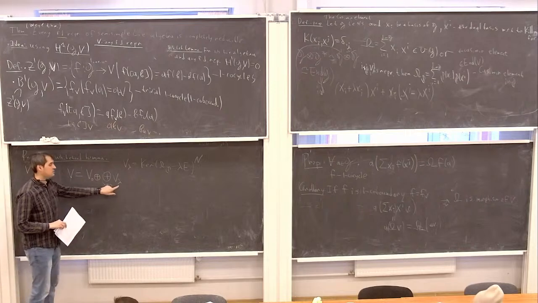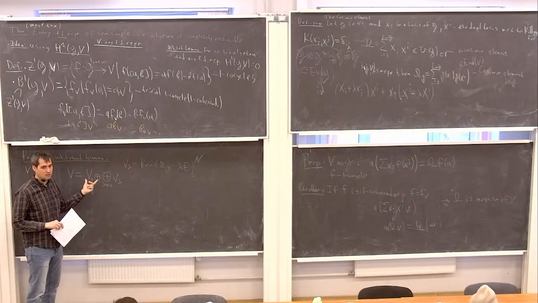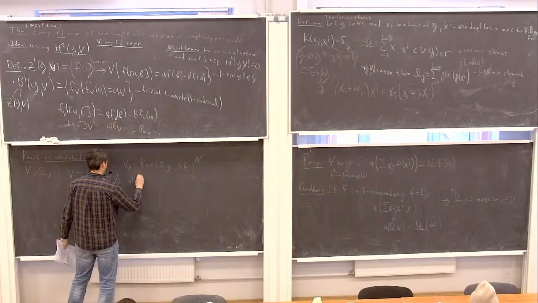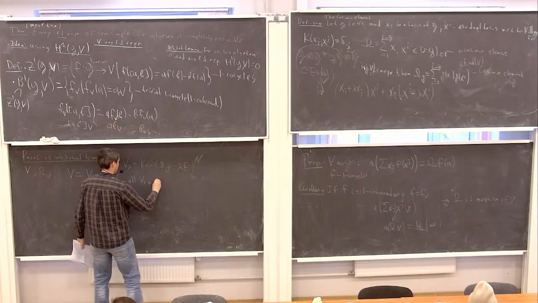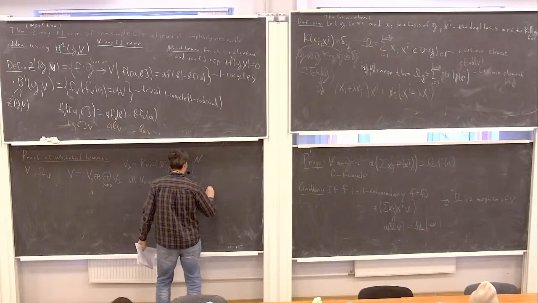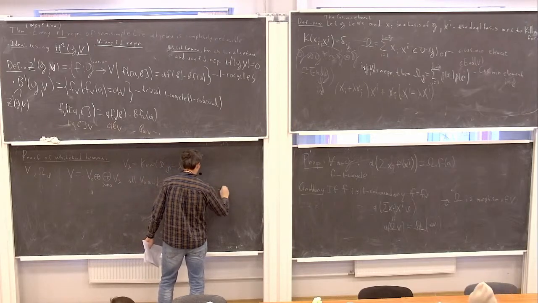What can you say about these subspaces? They are invariant. So they are representations. So all v0 and v lambda are sub-representations of v.